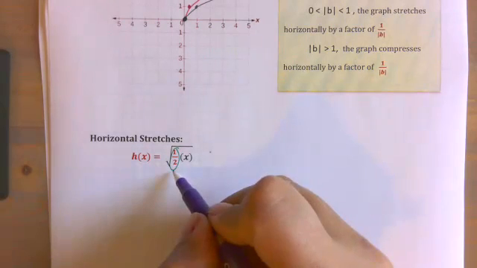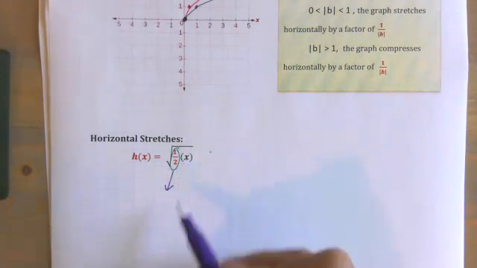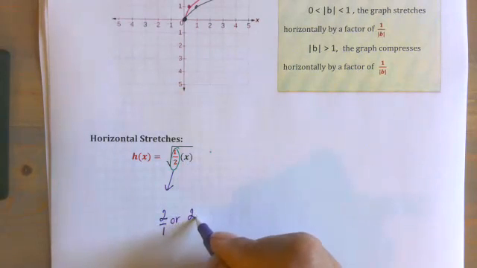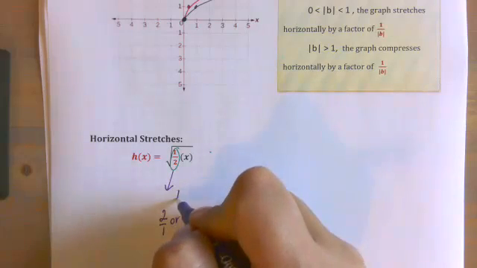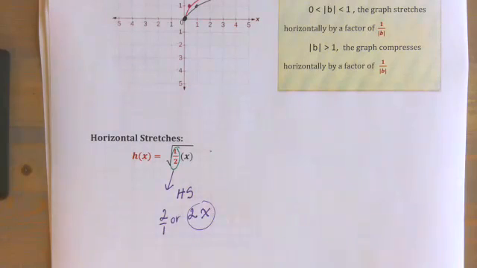You're going to have to find the reciprocal of this number. The reciprocal of 1/2 is 2 over 1, or just 2, and that's what you're going to multiply your x variable by. And that's called a horizontal stretch, because if you stretch your x's by 2, you're going to get larger x's than you had before.